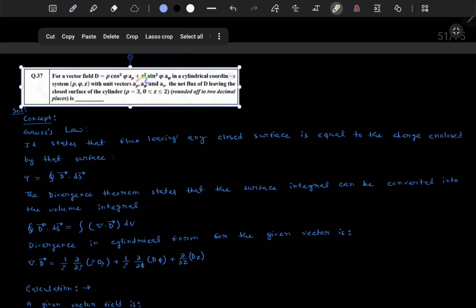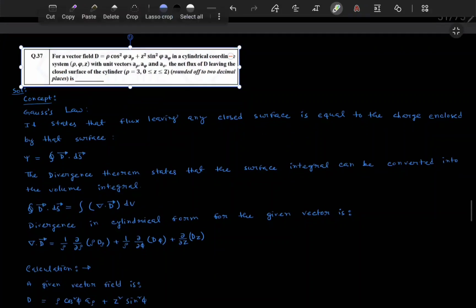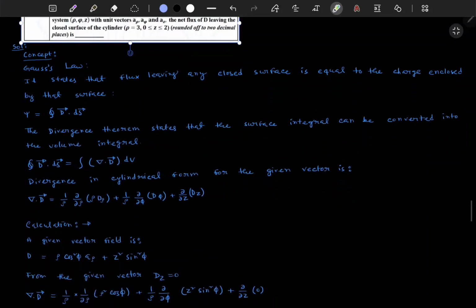For a vector field D in the cylindrical coordinate system rho, phi, z with unit vectors, we need to find the net flux of D leaving the closed surface of the cylinder. Gauss's law states that the flux leaving any closed surface is equal to the charge enclosed by the surface.